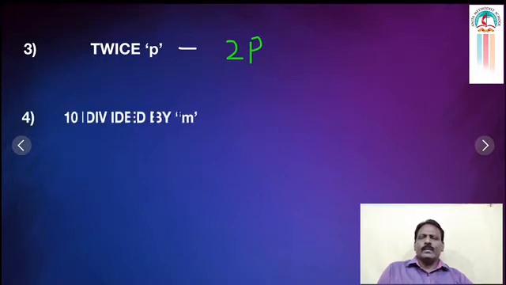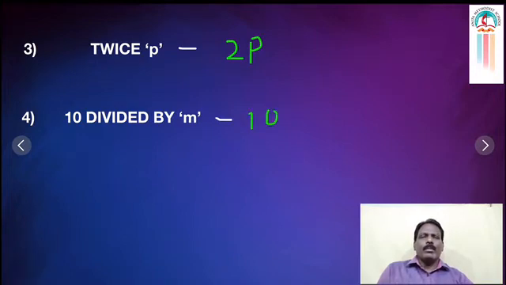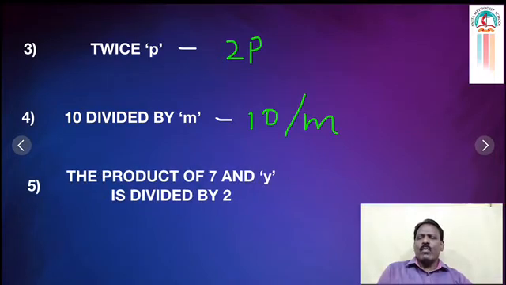Fourth one. 10 divided by m. How can you write 10 divided by m? Okay. Fifth one. The product of 7 and y is divided by 2. How can you write? Product of 7 and y is 7y, divided by 2.